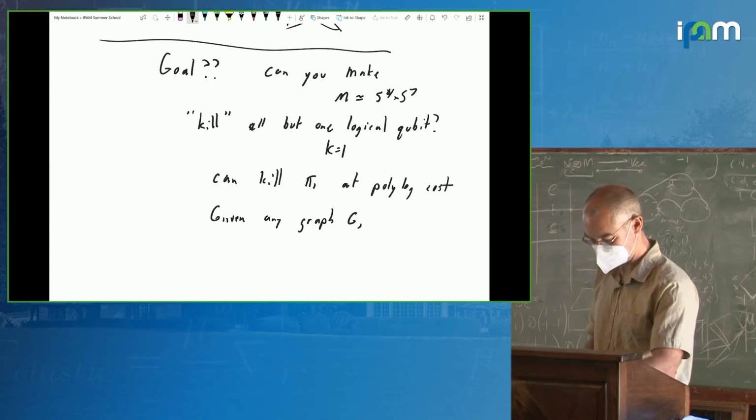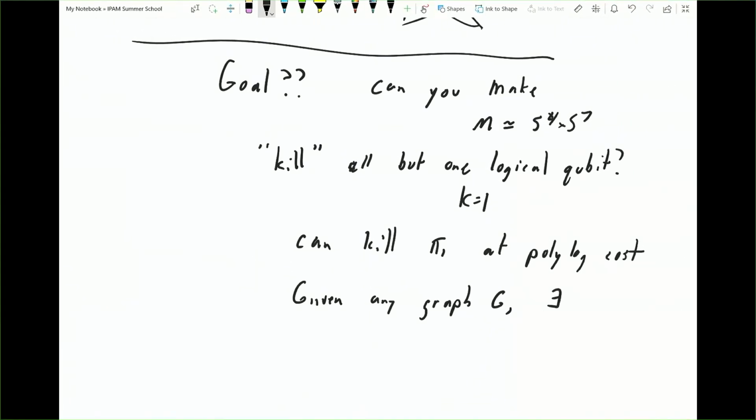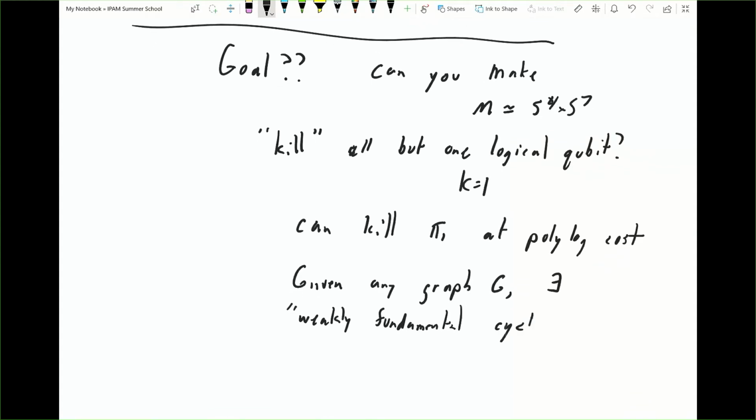And the answer is there exists a so-called weakly fundamental cycle basis. You can look up what that means. So this will be a basis that kills pi1. These will be some basis of cycles so that if you attach a disk to every one of these cycles, that will kill pi1 of the graph.